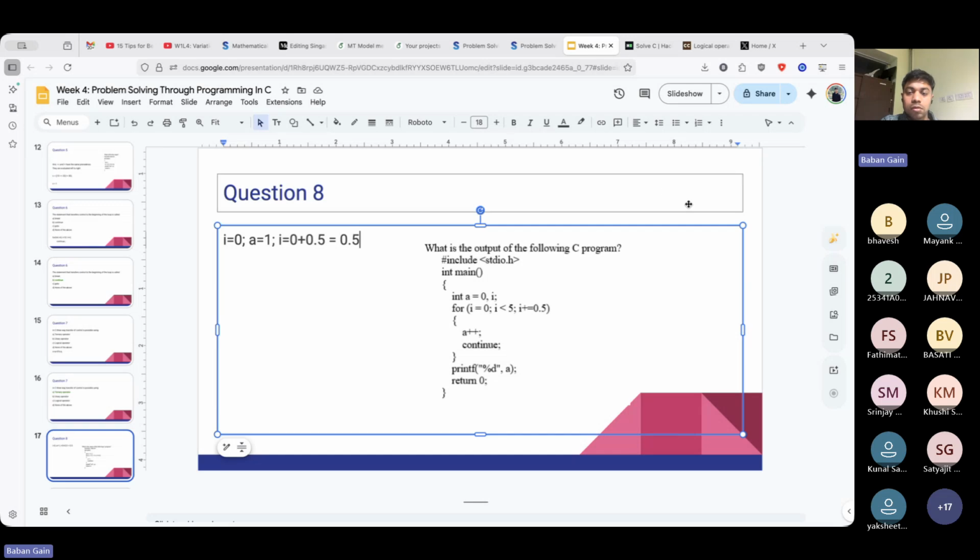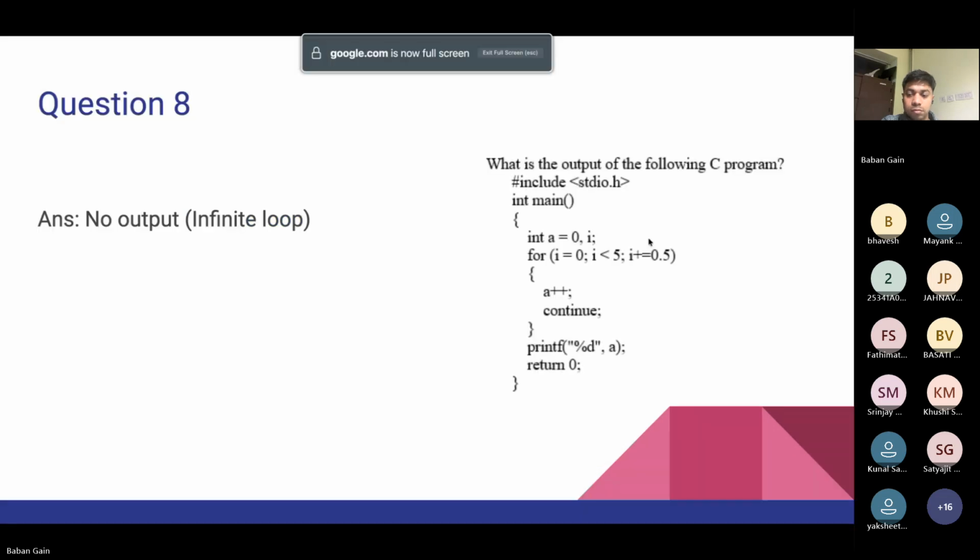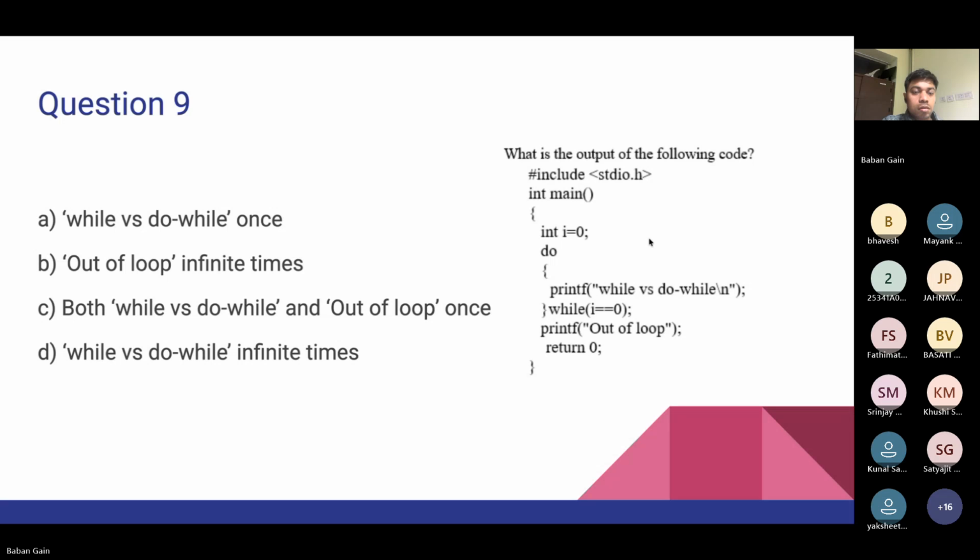Okay, so let me go to the next question now. Again, we have some loops. We have a do while loop. In a while loop, it will first check the condition and then only execute.